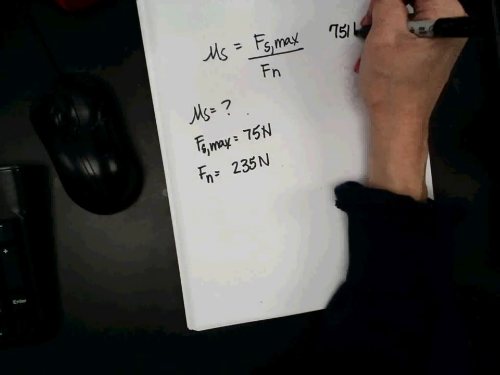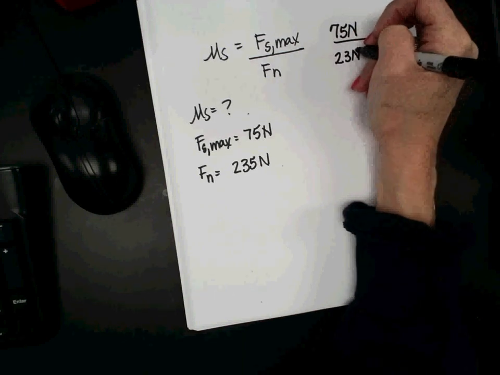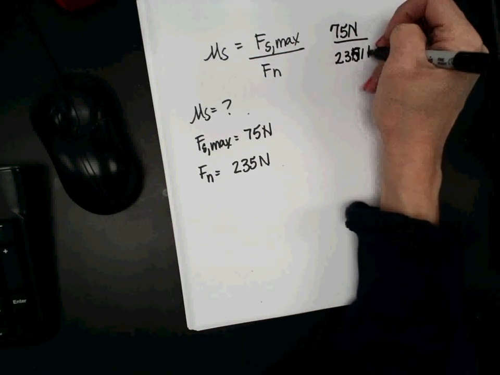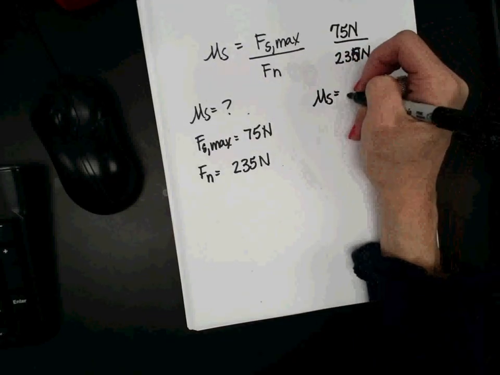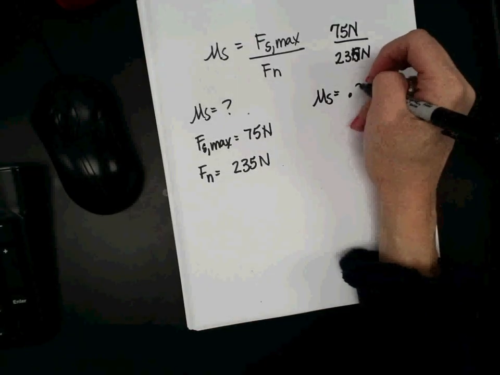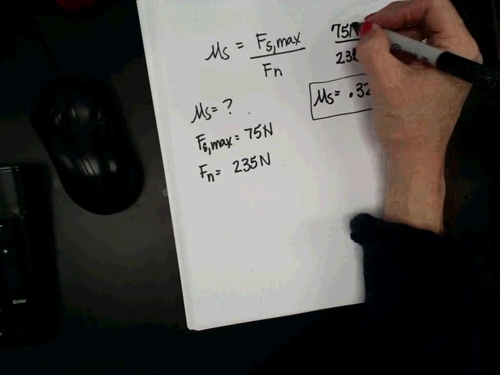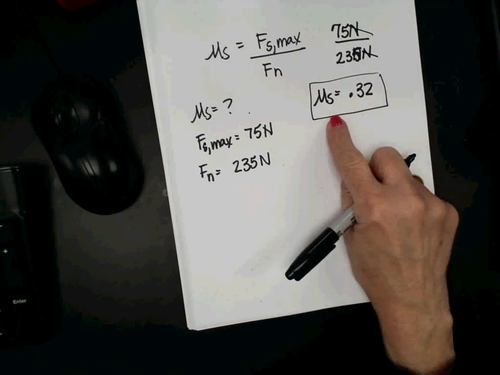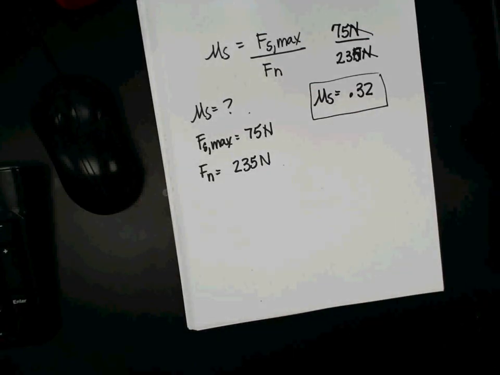So I will have 75 newtons over 235 newtons. So my mu s is equal to 0.32. Again, no units because they cancel out. So my coefficient of static friction is 0.32.